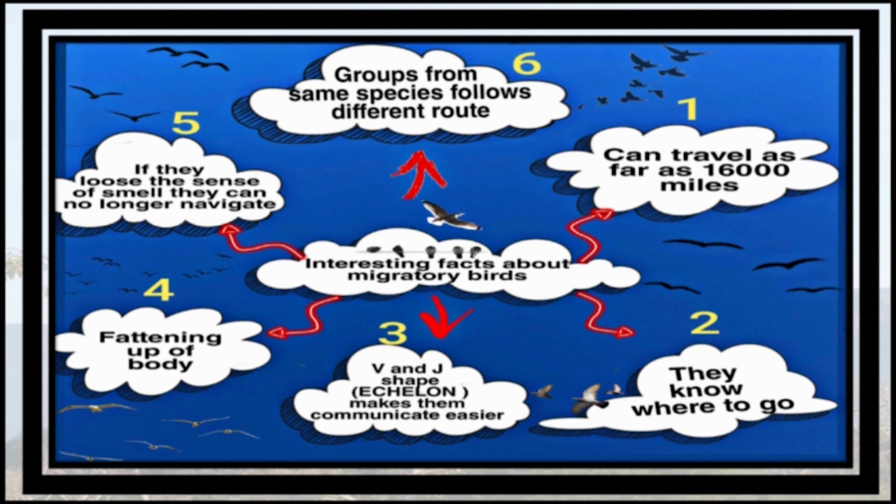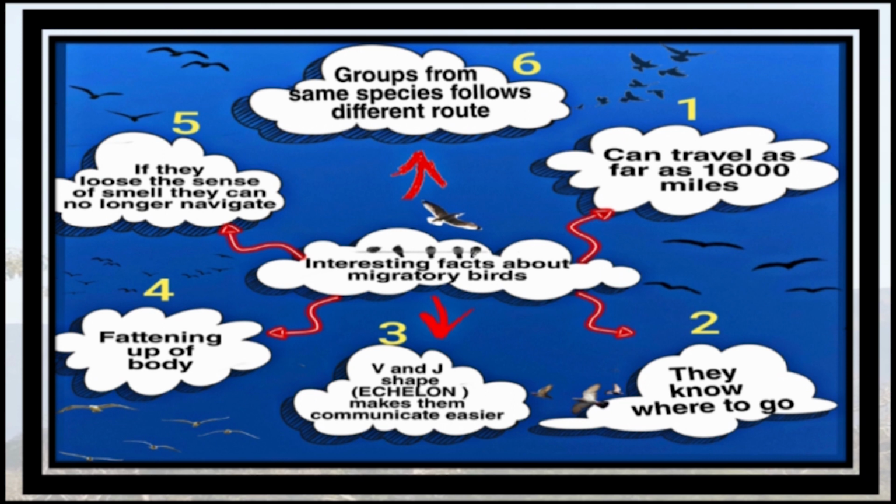Secondly, they know where to go. Migrating birds know where to migrate and how to navigate back home. They use the stars, the sun, and the earth's magnetism to help them find their way.